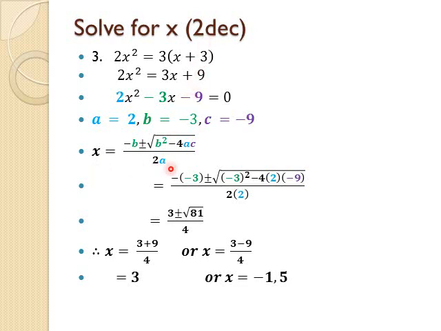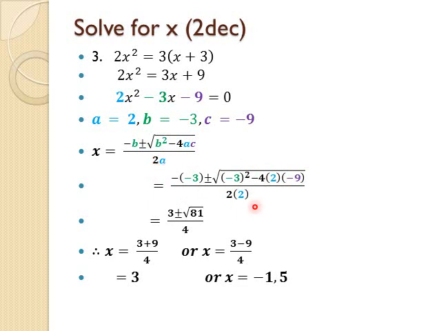To 2 decimal places, use the quadratic formula, so x equals minus b plus or minus the square root of b squared minus 4ac, divided by 2a. So in the place of b, I put negative 3. The negative stays outside, plus or minus the square root. b squared would be negative 3 squared, minus 4 times 2 times negative 3.